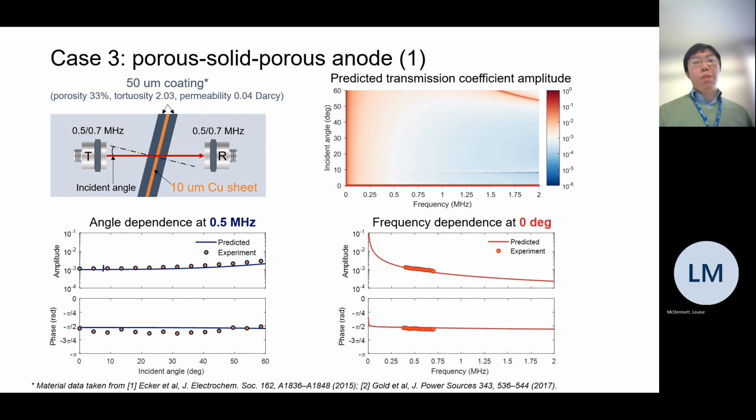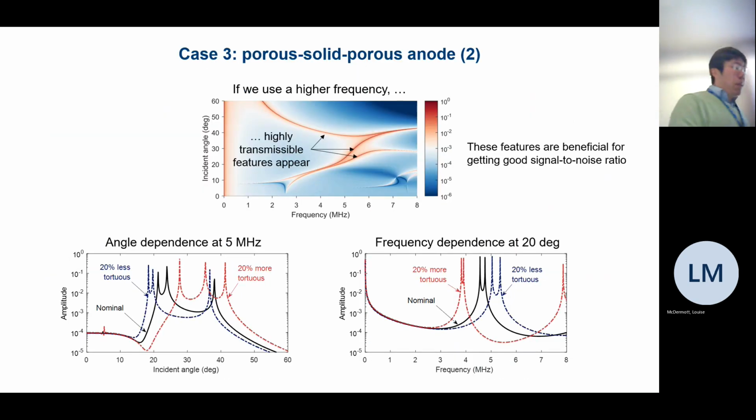Our theory is still working, so the predicted angle dependence as well as frequency dependence are also agreeing with the experimentally measured transmission. But there isn't much going on inside of this angular frequency range. If we go up a little bit, then there are features coming up.